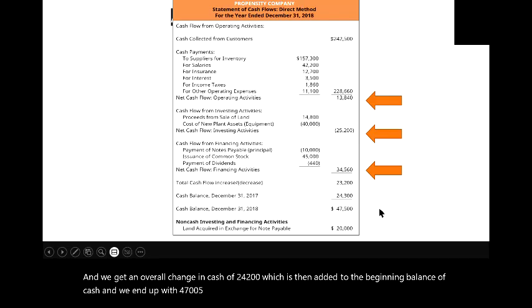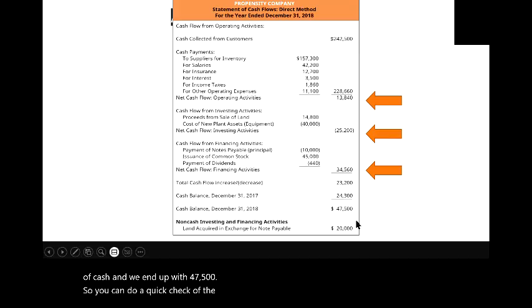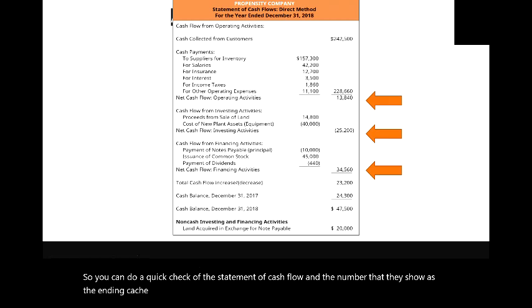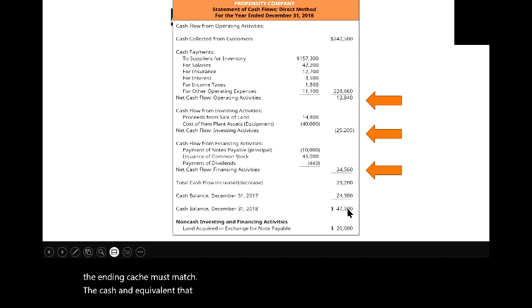So you can do a quick check of the statement of cash flow, and the number that they show as the ending cash must match the cash and equivalent that they show on the balance sheet that corresponds with the statement of cash flow.